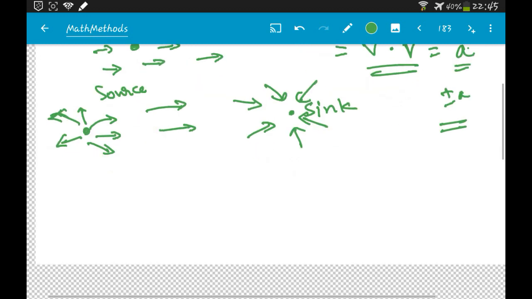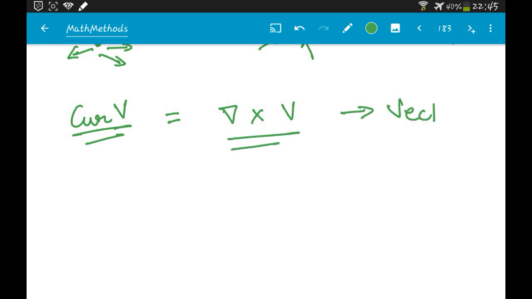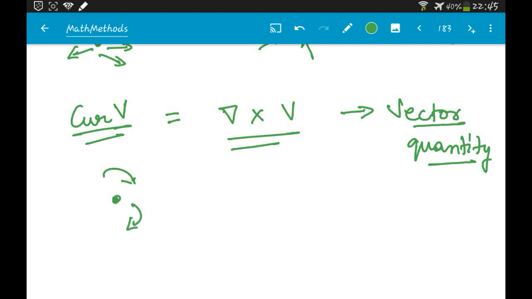What does curl represent, on the other hand? Curl of V is nothing but del cross V. It is a vector product, so it is a vector quantity. Del cross V will give you another vector, and this vector represents the direction of rotation of the vector field around a particular point.